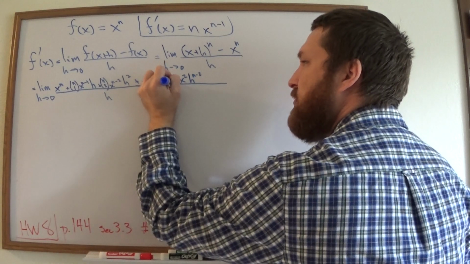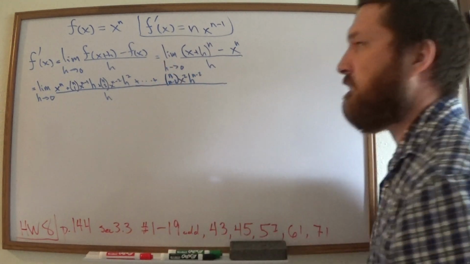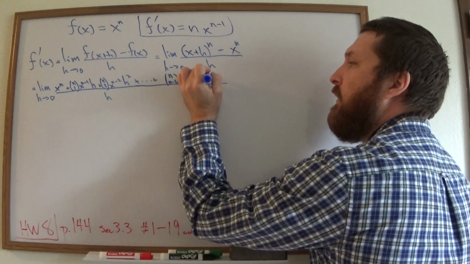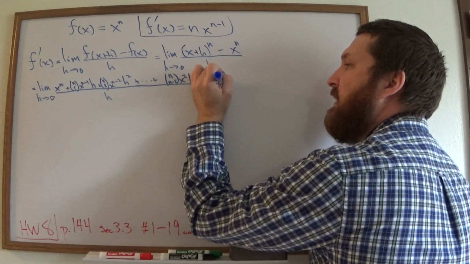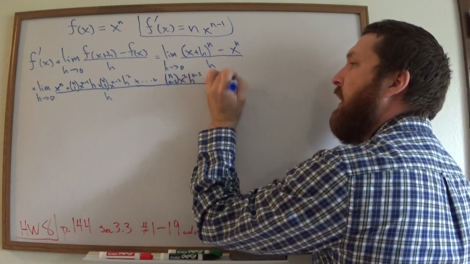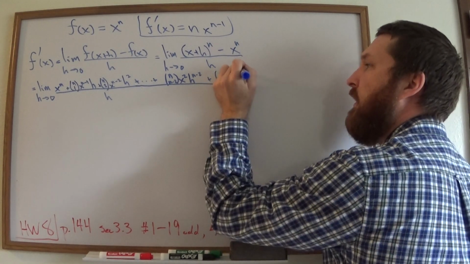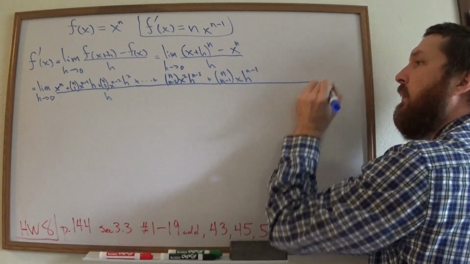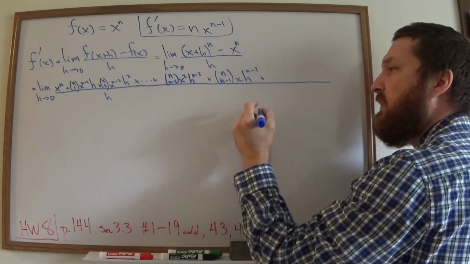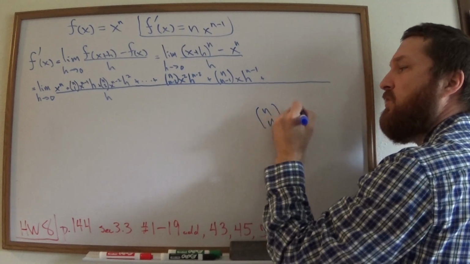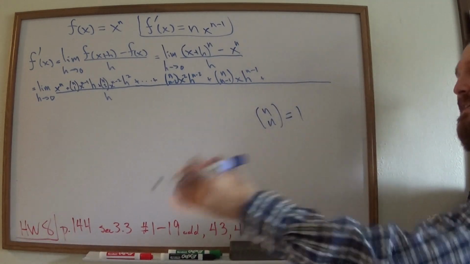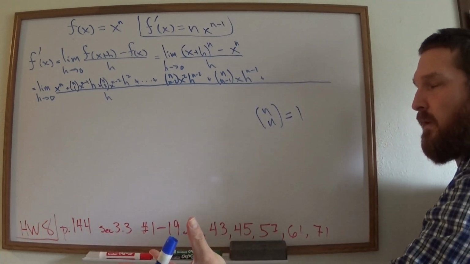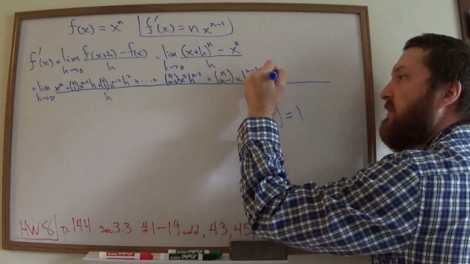We'll have n choose n minus 2. Plus n choose n minus 1 x to the 1 h to the n minus 1. Finally, n choose n is just 1, so I'm not going to worry about it. X to the 0, which is just 1, so I'm not going to worry about it. Finally, h to the n.